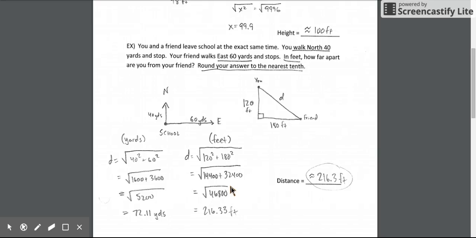So we're trying to square root 46,800. We get a decimal that is 216.33 something something something, but this is enough to round to the 10th spot. So the 10th spot is that first decimal place. We're going to look to the right. If it's 4 or less, we're going to keep it the same. So in this case, we're going to keep it at 216.3, or 216 3/10 of a foot.